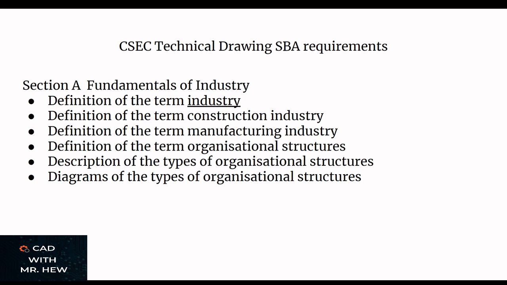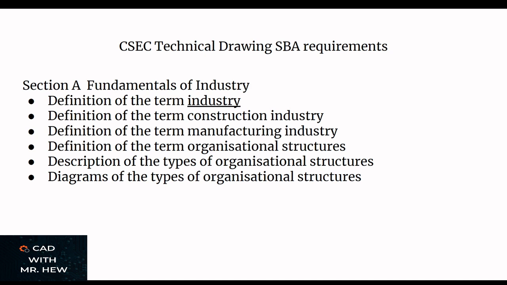For Section A, which is entitled Fundamentals of Industry, the first thing that the candidate will be expected to do is to define the term industry. Similarly, if you're doing a business subject, there are different types of industries.